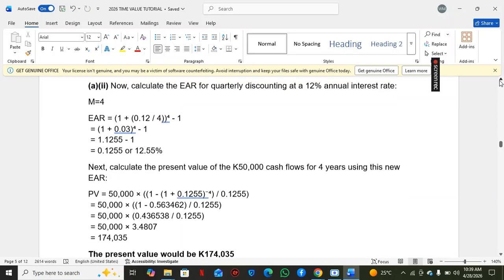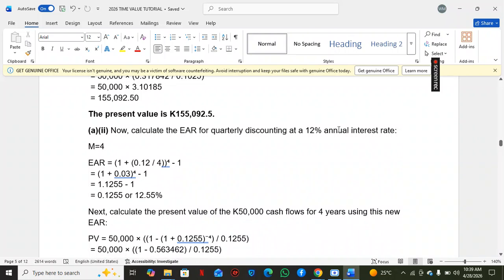So we compare against the other one. The present value actually increases when the discount rate and the number of compoundings increase.